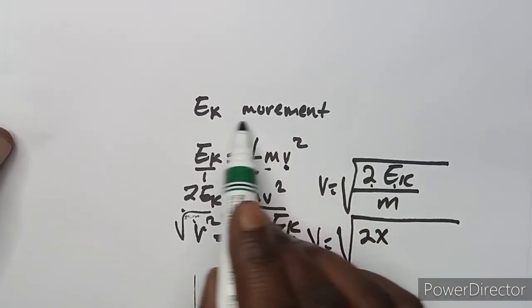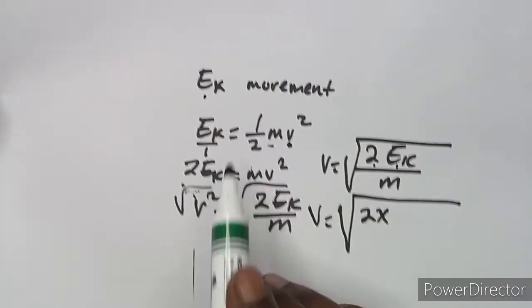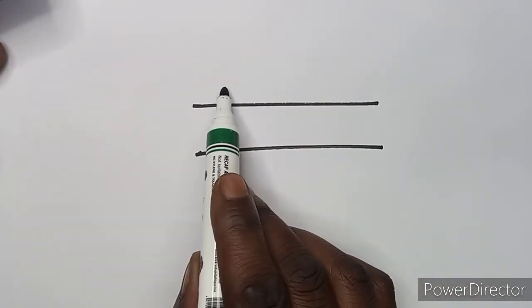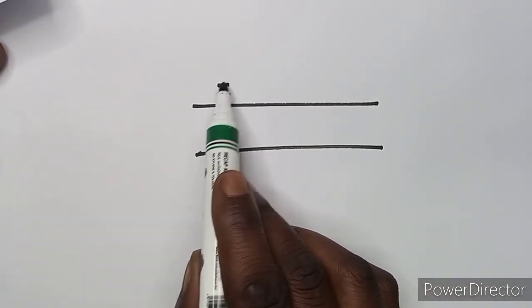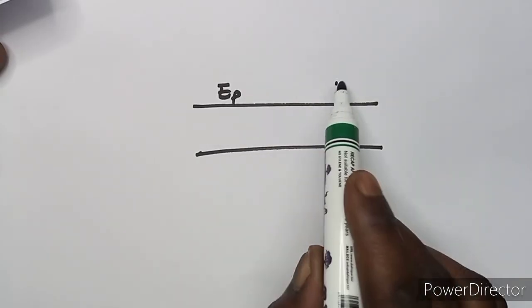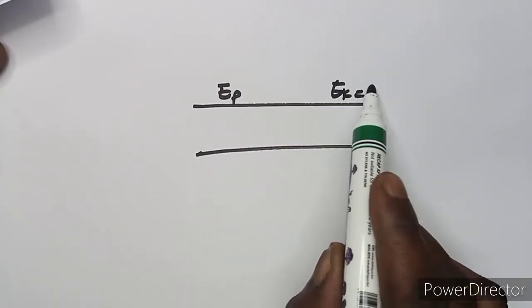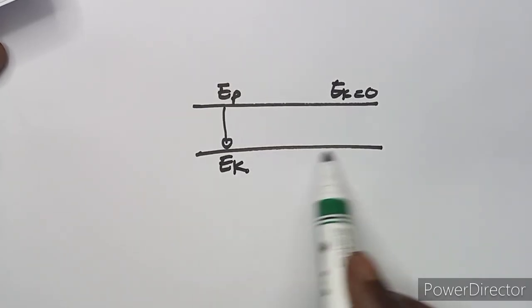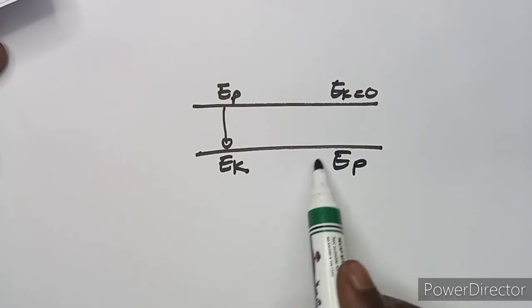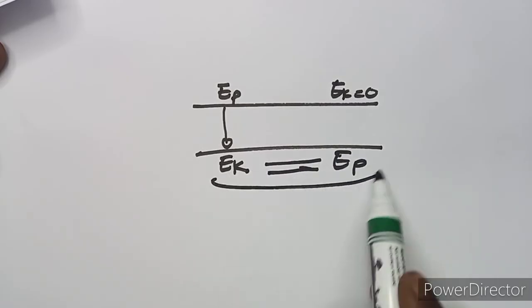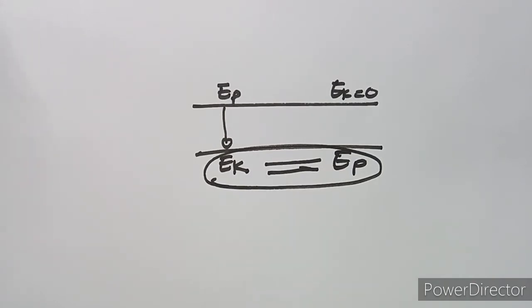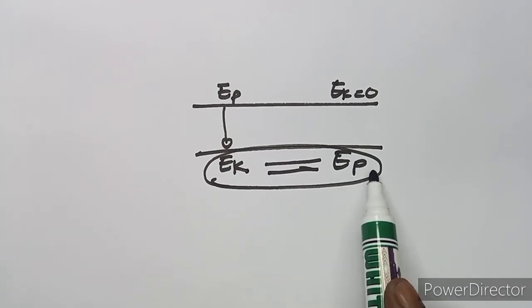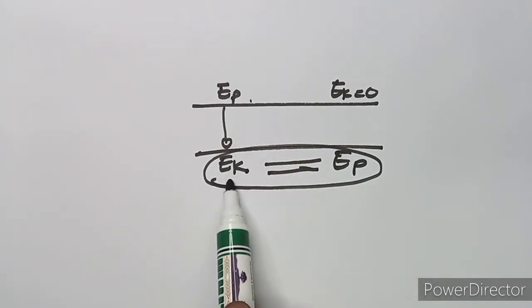We know that on the final position, from this concept of energy, when you have potential energy here, the kinetic energy will be equal to 0, and you're going to obtain kinetic energy at the end, and here you are going to have potential energy, and these two are equal at the end. Remember that concept, from the law of conservation of energy.